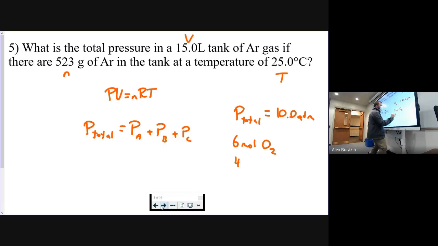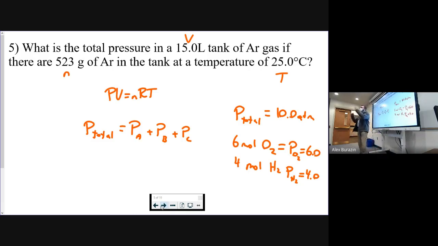This is what happens when you make up problems on the spot. Total pressure is 10 atmospheres. I've got 6 moles of oxygen, 4 moles of hydrogen. What's the partial pressure of oxygen? Don't overthink it. Yeah, literally, okay? So the partial pressure of oxygen would be 6, and the partial pressure of hydrogen would be 4. The mole ratio of gases matches the pressure ratio of gases.